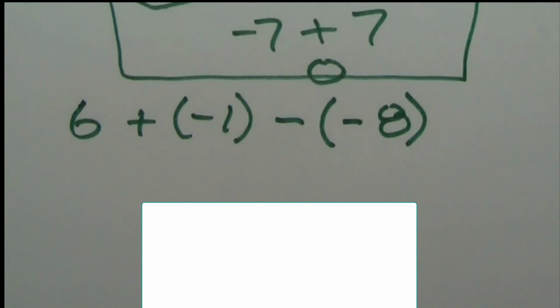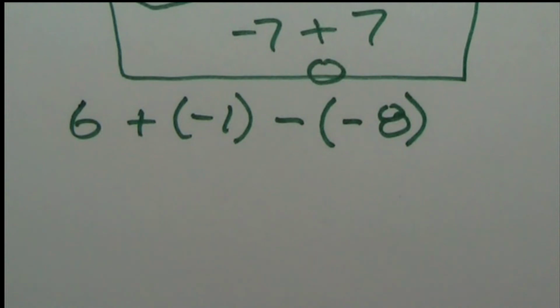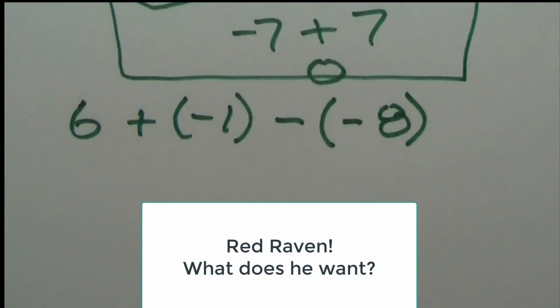This is Blue Jay, over. This is Red Raven, over. Red Raven, this is Blue Jay. What do you need, over? I need some staples for the main hall to staple up the banner.